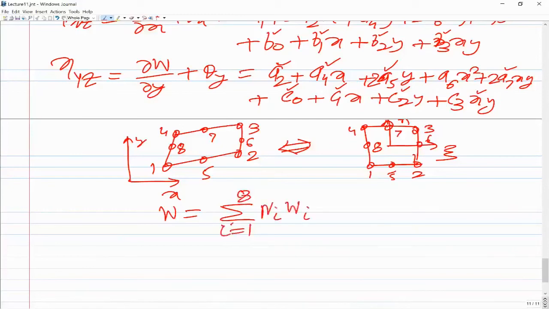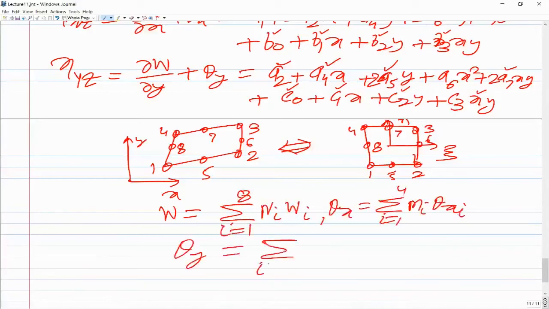So the Ni would be the functions corresponding to the 8 noded element. Whereas theta x would be interpolated with i going from 1 to 4, Mi into theta xi. Mi's are the shape functions corresponding to the 4 noded element, only corner nodes. Similarly, theta y would be i equal to 1 to 4, Mi theta yi.